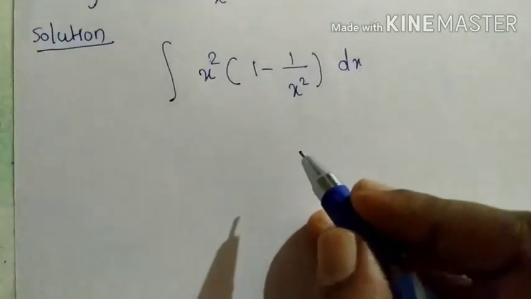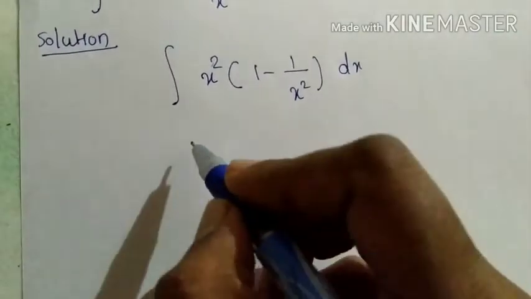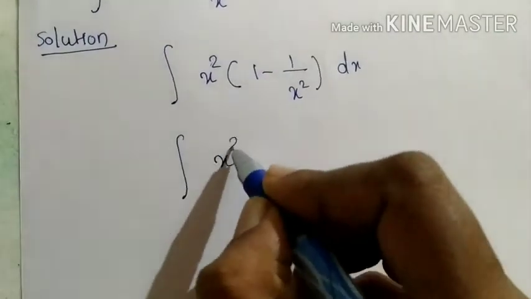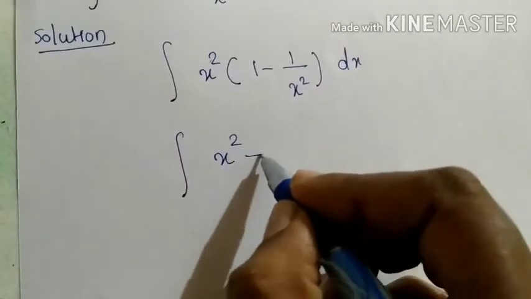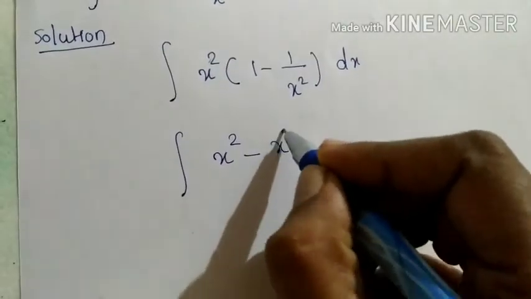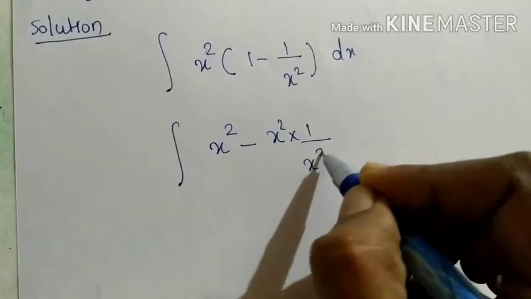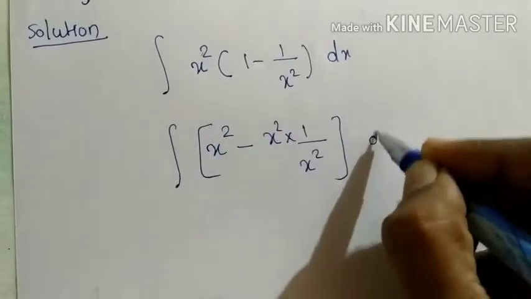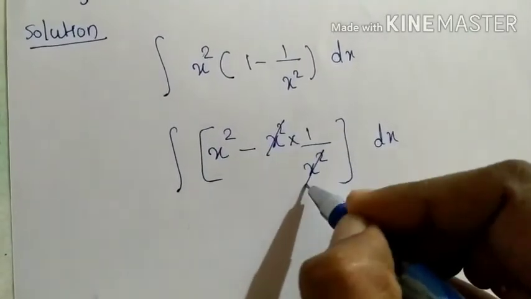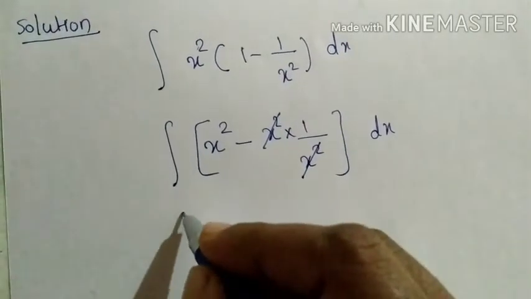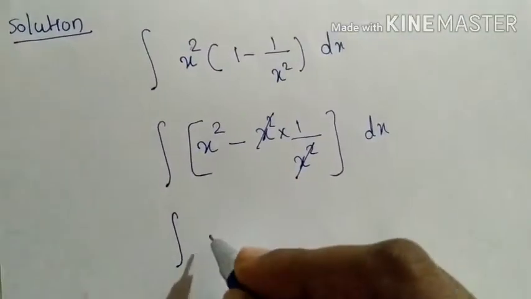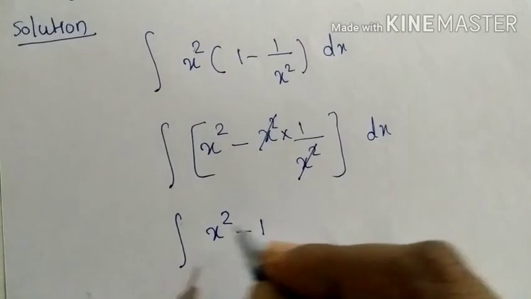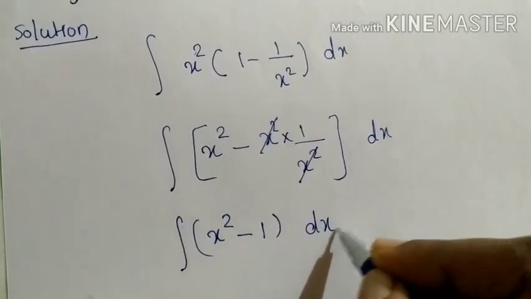So the first step is to open this bracket. We get x square into 1 is x square, minus x square into 1 by x square dx, and these two x square will cancel each other, and our question is reduced to x square minus 1 dx.